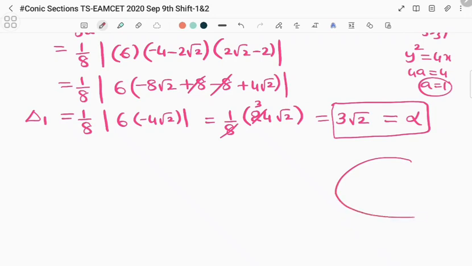This is the parabola figure, and this is point A. From here to here the tangent is this one. And suppose you take the point B here, this is also another tangent.